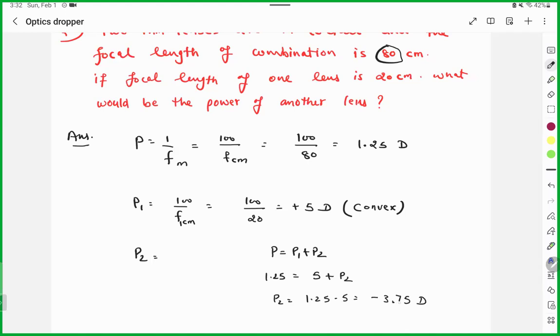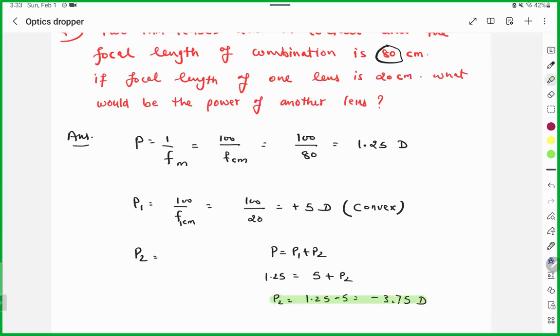One minute, sir. So 30 divided by 8 is also equal to 3.75. 30 divided by 8, yes. Yes, I got minus 3.75. I'll send you my answer. So it means the second lens will be concave.